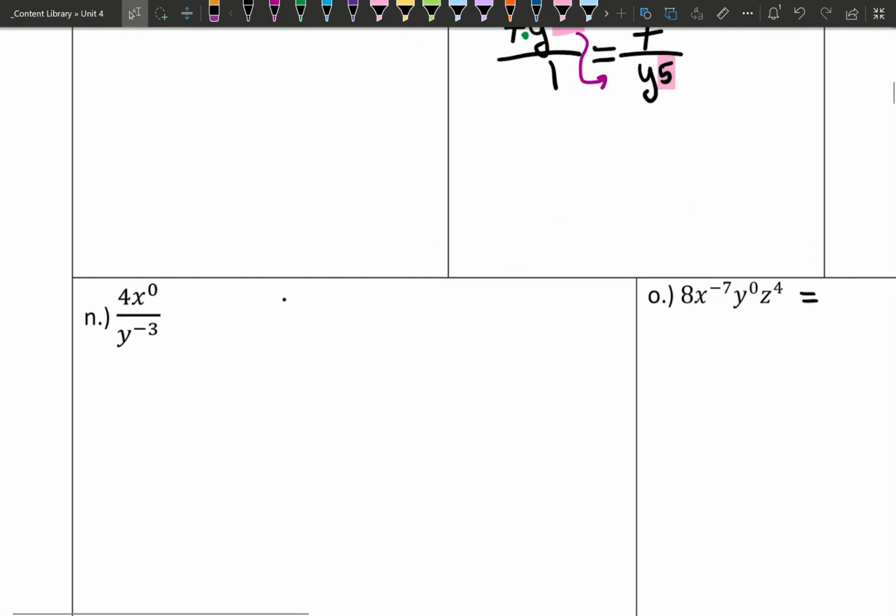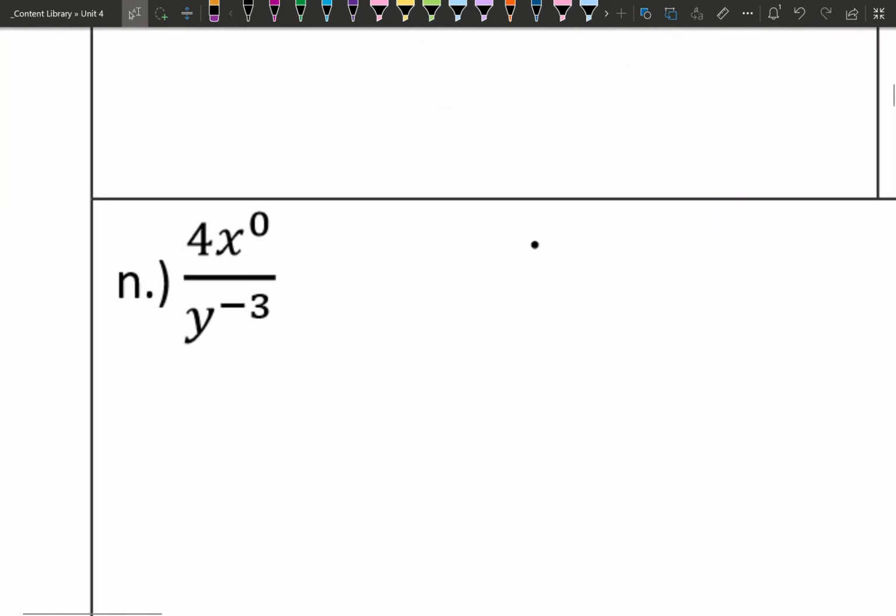Let's try letter N. Now I'm starting to combine both negatives and 0 powers. Just as a reminder from before, anything to the power of 0 is 1. So really, I'm just going to cross this off and write times 1, because that's what it is. It's just a 1.